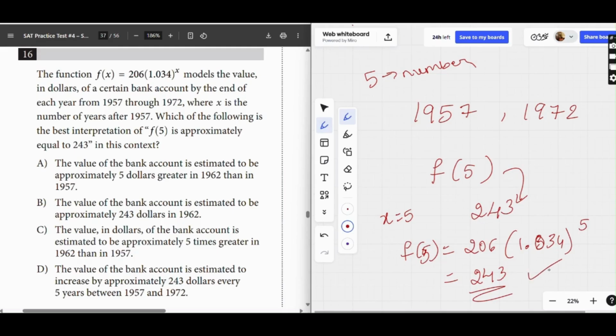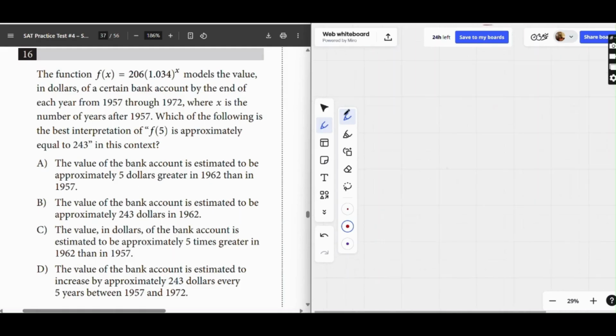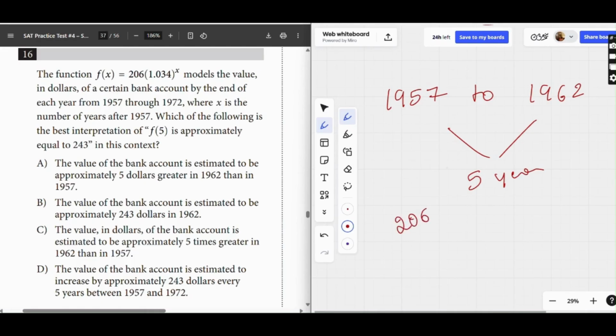In the given options, the first says the value of the bank account is estimated to be approximately $5 greater in 1962 than in 1957. So 5 years after 1957 is 1962, where you can see 5 years of gap. After 5 years, you can see 206 to $243.